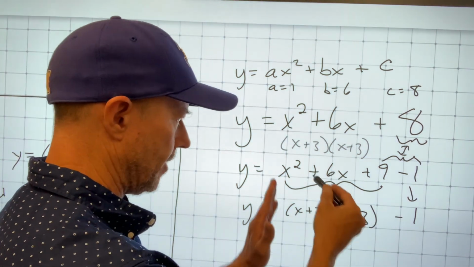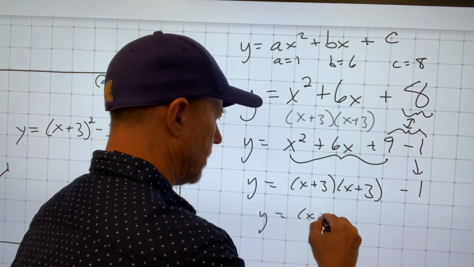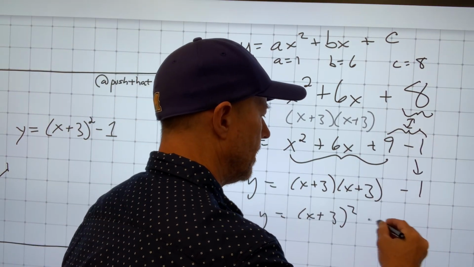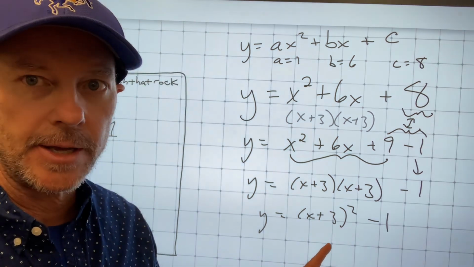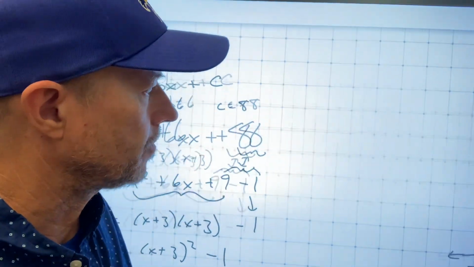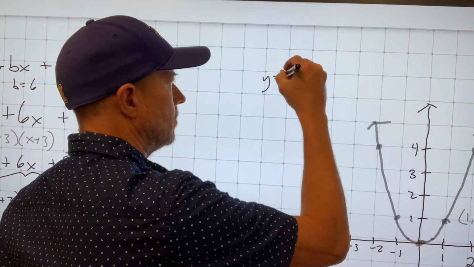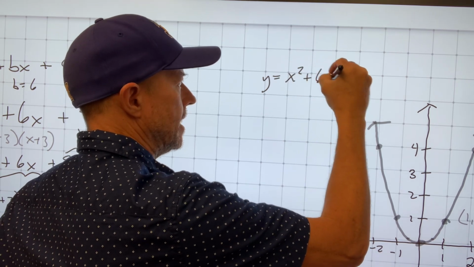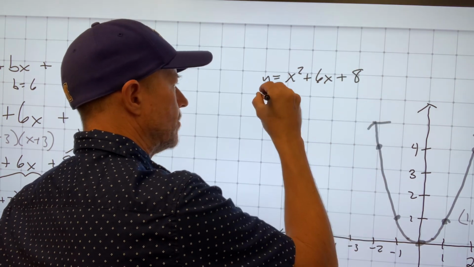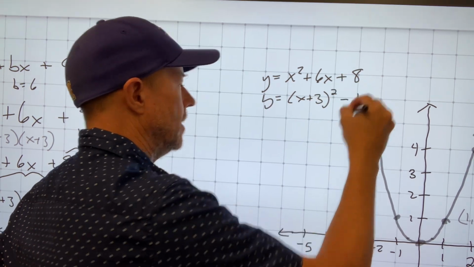So I have y equals x plus 3 squared minus 1. So I see the shift to the left 3, and I see the shift down 1, so I know what to do with the graph. So we're now going to graph y equals x squared plus 6x plus 8, which secretly can be rewritten as x plus 3 squared minus 1.